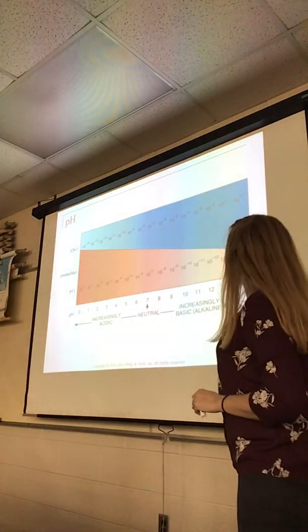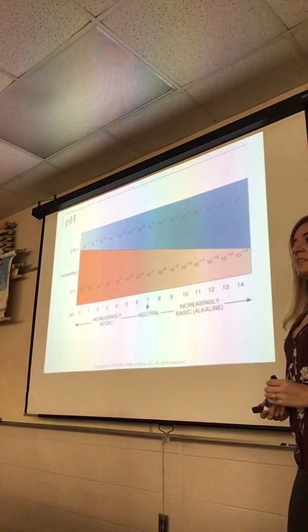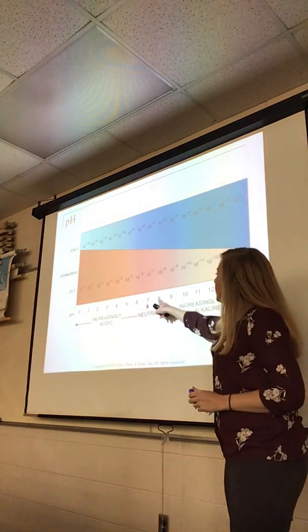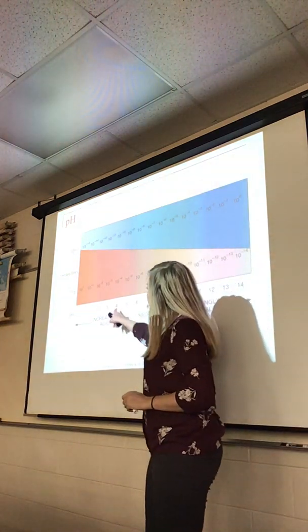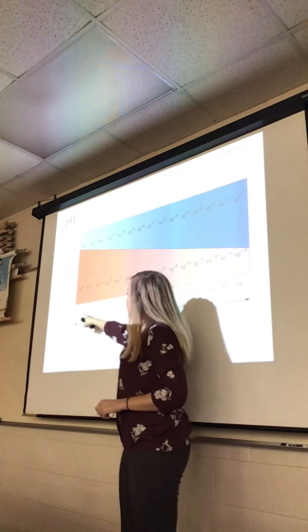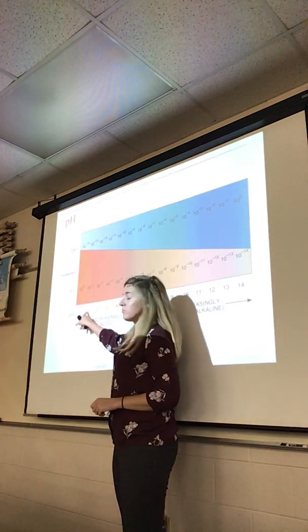So also, since these are logarithmic, when we think about the number of hydrogen ions, each number represents a 10-fold change. So for instance, a solution with a pH of 0 is 10 times more acidic than a pH of 1.